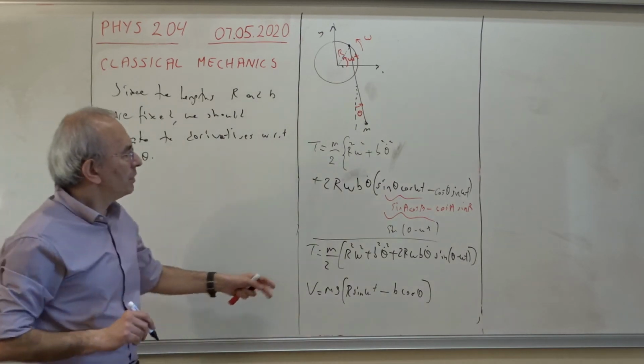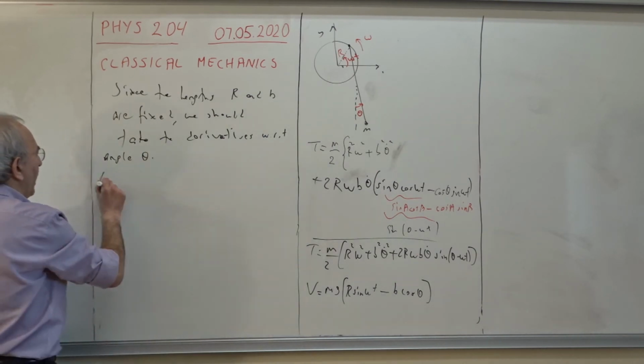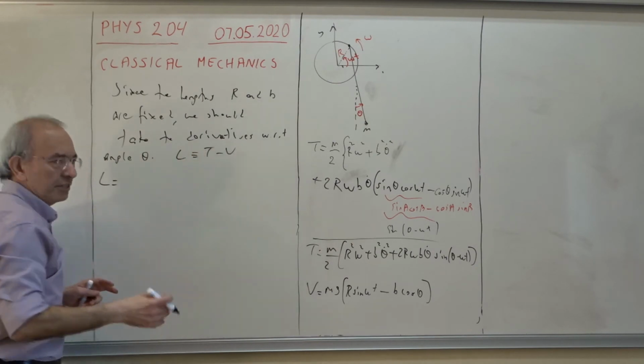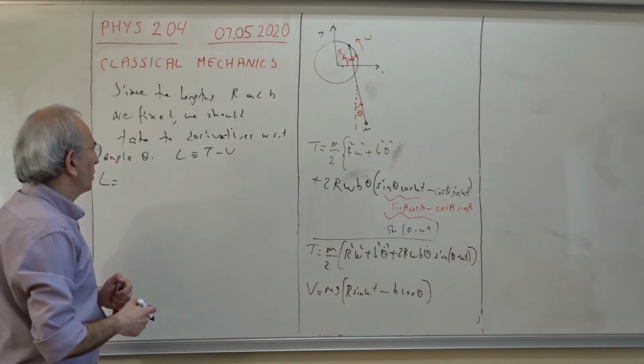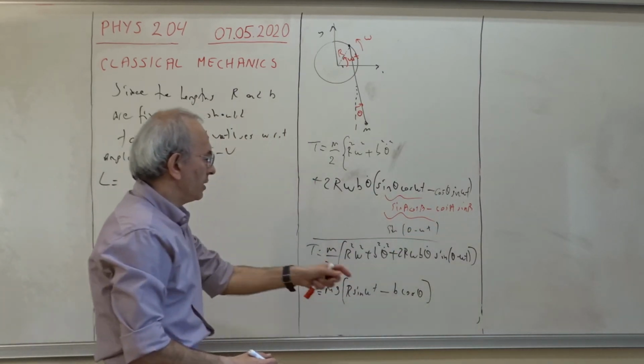So L is simply T minus V. Let me write the full form of L. L is of course T minus V. It is defined by T minus V, as we already talked about. So L is now the full upper part minus the lower part.